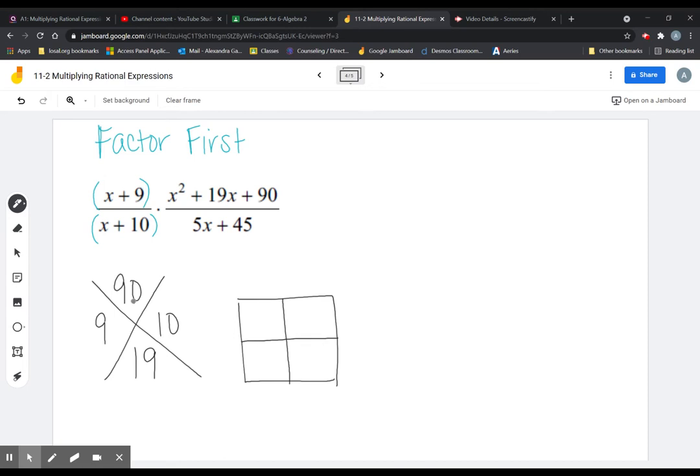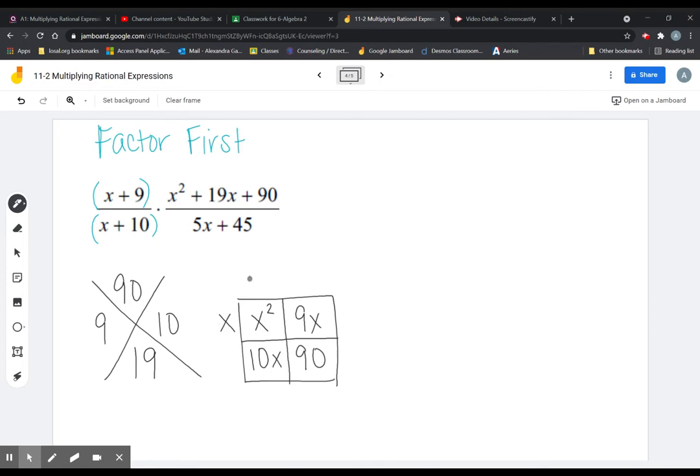and I'll get first term in the first box, so that's where the x squared comes in. Last term in the last box, that's the 90. And then the numbers in the x, the 9x and the 10x, get added. And I'll find the GCF of x squared and 9x, just x.